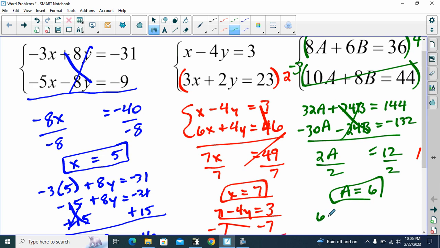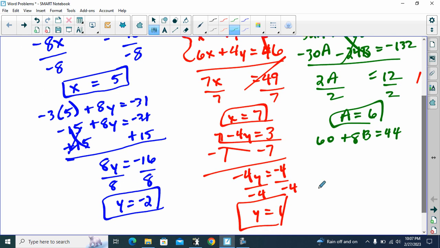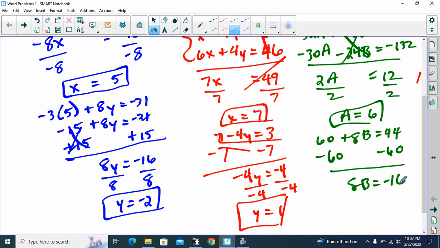I would have 60 plus 8b equals 44. Subtract 60. 8b is negative 16. And divide by 8. b equals negative 2.